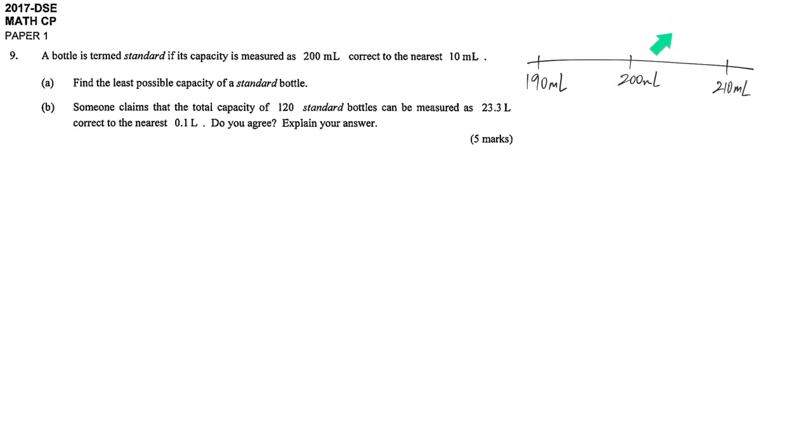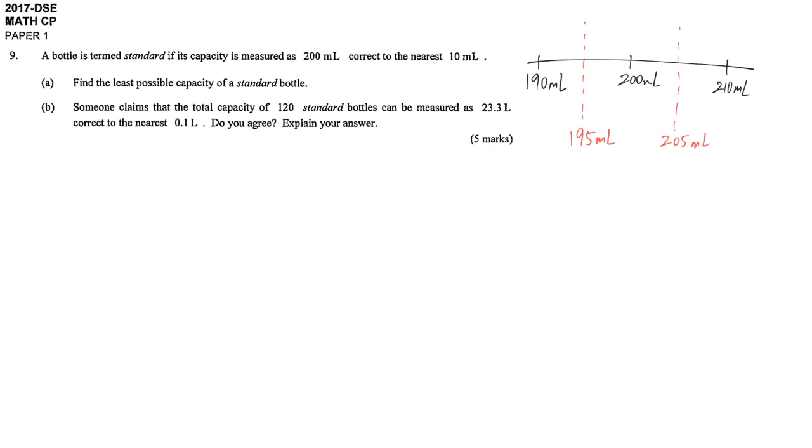So any length or volume in the middle, we round off afterwards. So for the least possible capacity, how do we determine whether it is 190 or 200? The least possible capacity is 195 ml. It's quite easy to visualize like this every time.